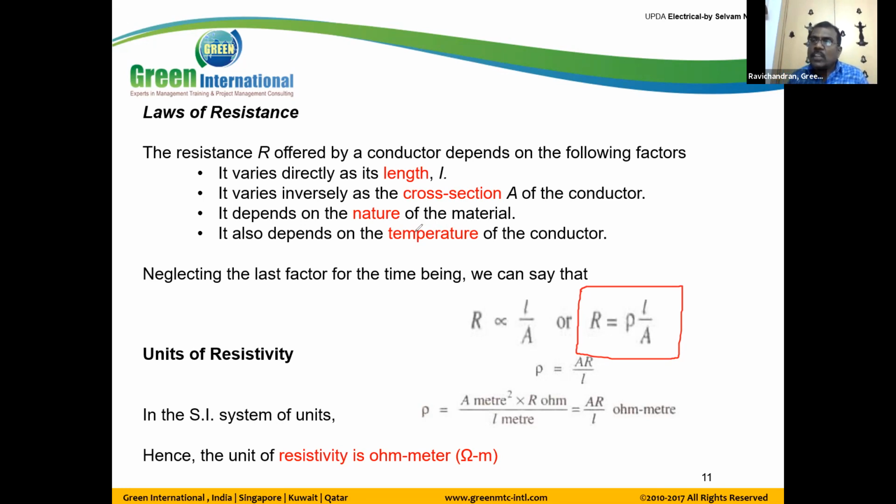The resistance value also varies depending upon the temperature. In this slide, we assume that temperature is constant. If the temperature varies, we have a different formula. So this formula is applicable for constant temperature.